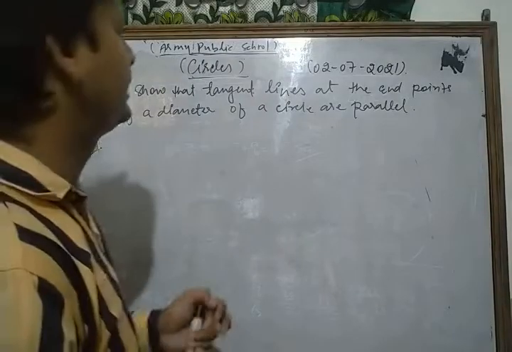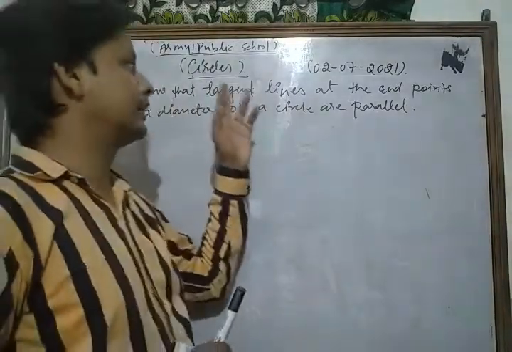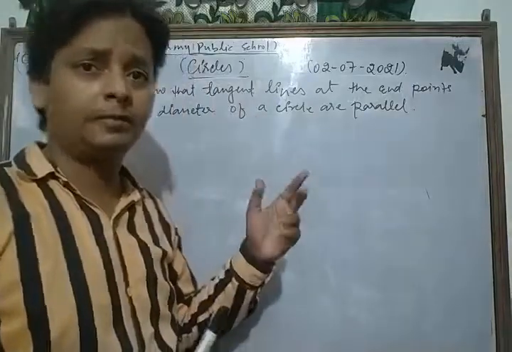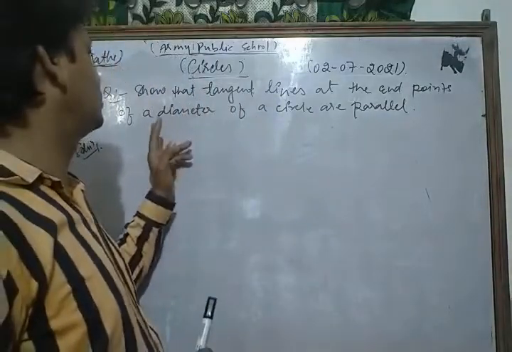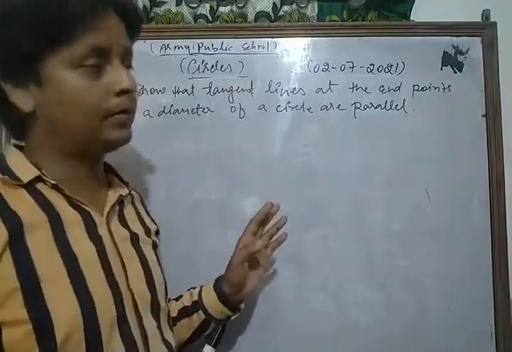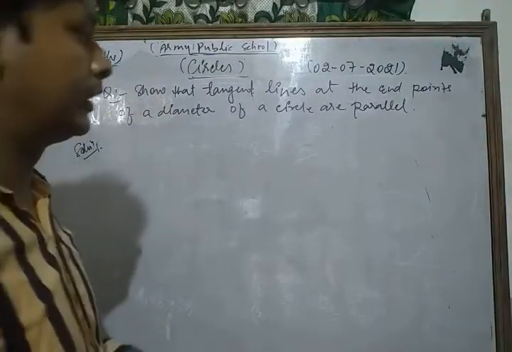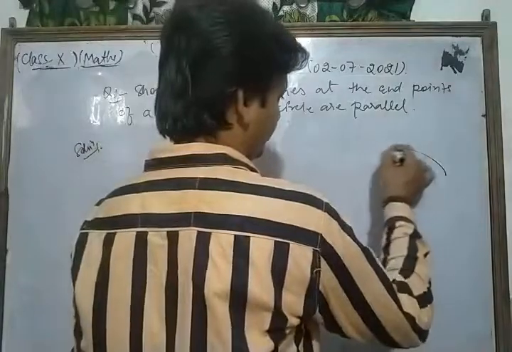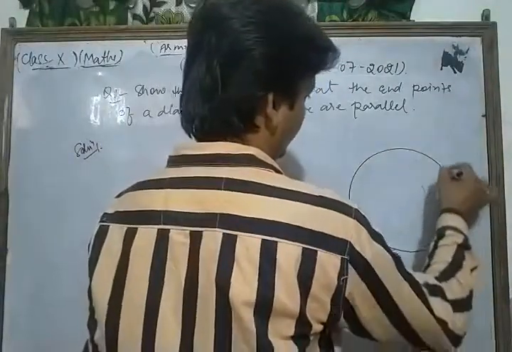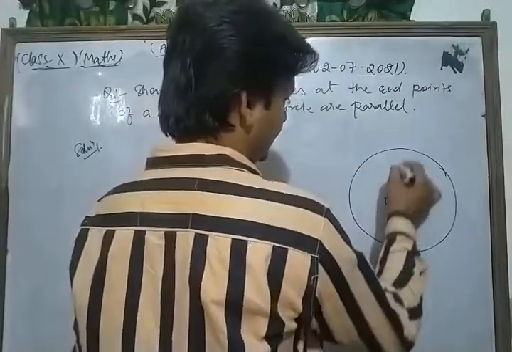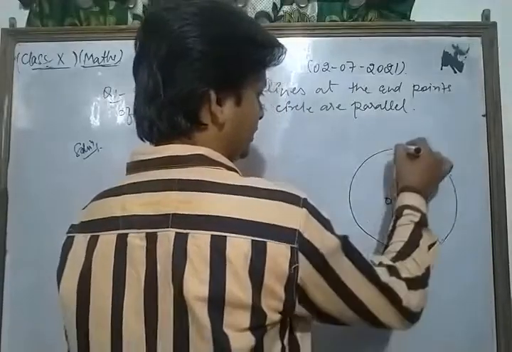We have to show that the tangent lines at the end points of a diameter of a circle are parallel. So first of all, we draw a circle and let O be the center, and we take AB as a diameter.